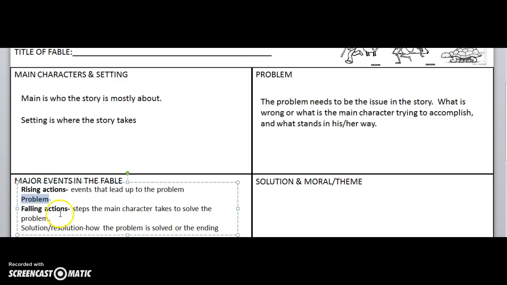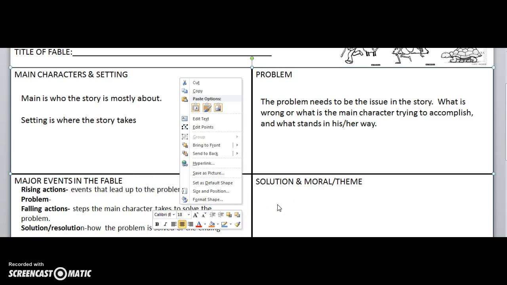And then what we're going to do is move on. The last one asks you for the solution, so you'll just basically reword what you wrote in this square right here over here. And remember, the solution is how the problem is solved.